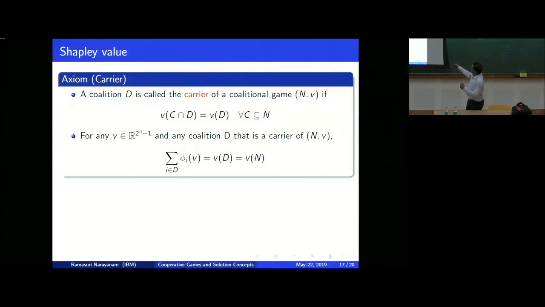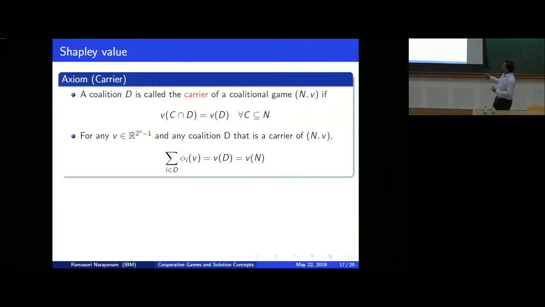For all possible subsets C, the value of that set C is nothing but the value of C intersection D. If the set C consists of some dummy players, they don't add any value to the system, so you just look at C intersection D. So v of C intersection D is equal to v of D, where D is the set of players who actually work towards generating value. If this happens for all possible subsets, then D is called a carrier of that cooperative game N comma v.